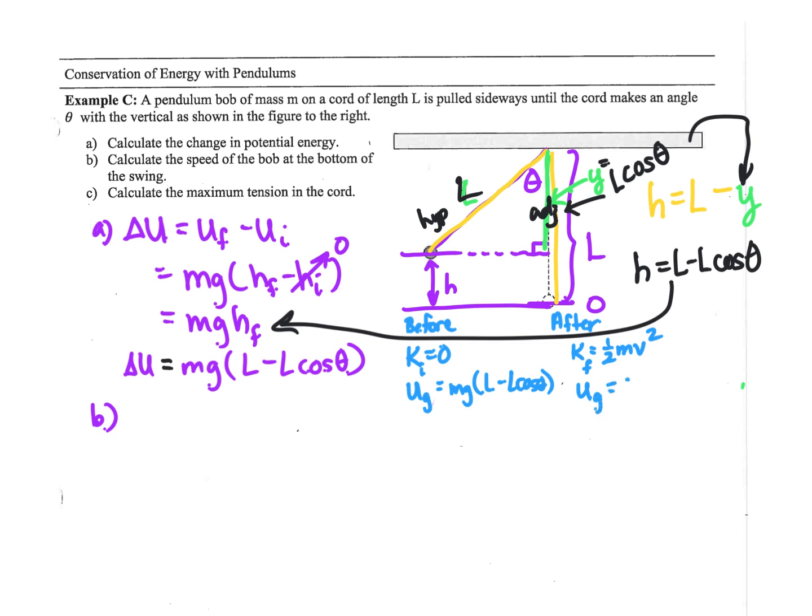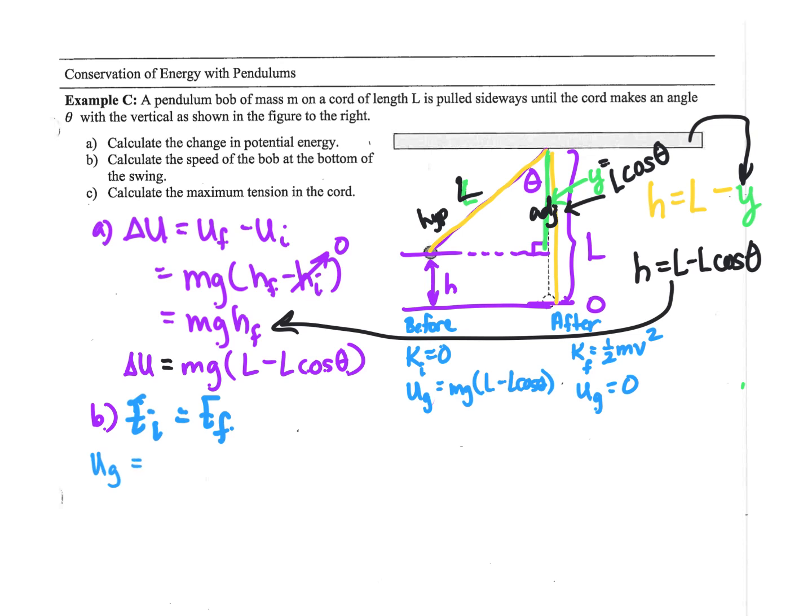And we know that the initial energy is equal to the final energy, don't we? So initially we know we have gravitational potential, and finally we know we have kinetic.